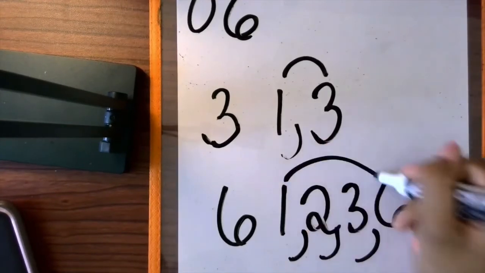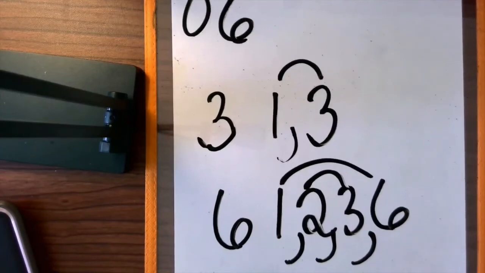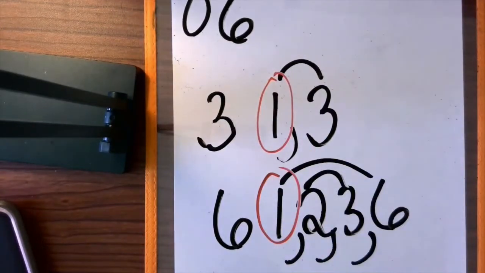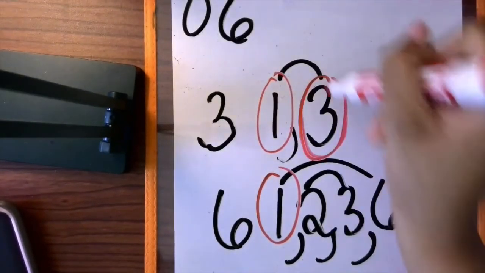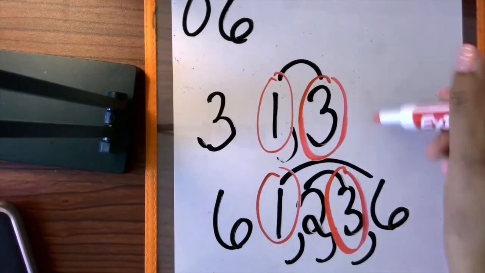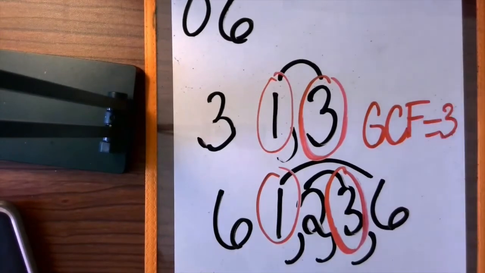I know that 1 times 6 is 6, and 2 times 3 is also 6. Now is my time to find common factors. 1 is always a common factor, but I also have 3. So in this case, my greatest common factor, or GCF, would be 3.